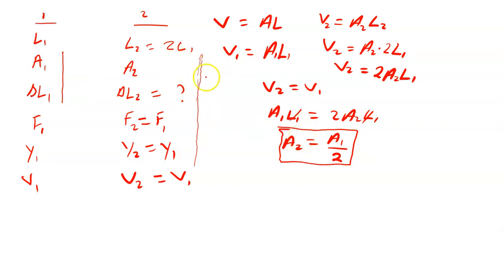Alright, now we know another thing: the area of the second wire is just half the area of the first wire. Now how do you find the change in L for the first wire? The change in L is found by combining the stress and the strain.